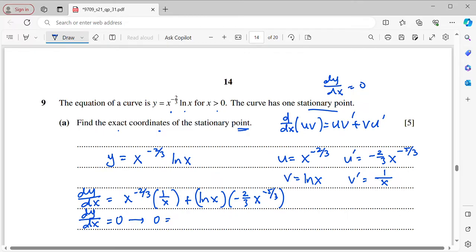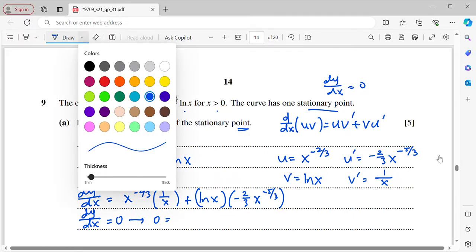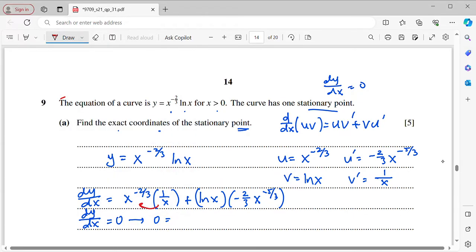So 0 equals, when I simplify these two terms, this is degree 1 in the denominator, but when I move up, we have a formula here, a power m times a power n, it will be a to the power of m plus n. So when you move the x power 1 from the denominator to the numerator, it will be power of negative 1.